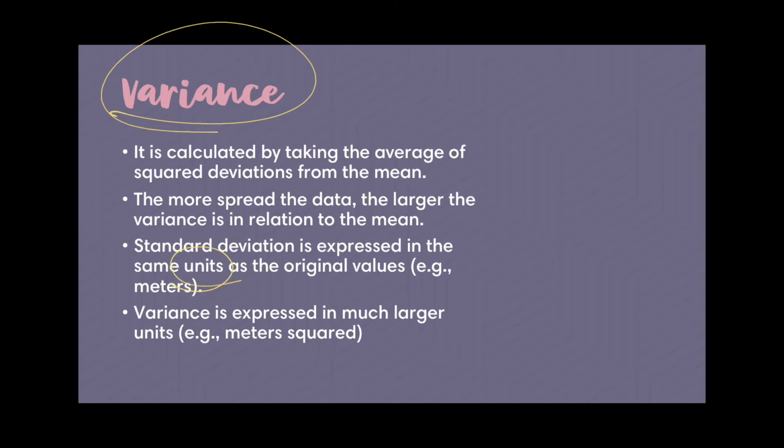And so the mean and the standard deviation talk to each other more than the variance talks to the mean. However, we use variance later when we do inferential statistics because we're going to be talking a lot about how certain variables affect the variance of another given variable when we're talking about regression, for instance.